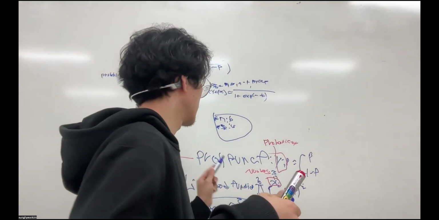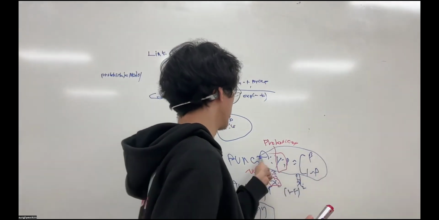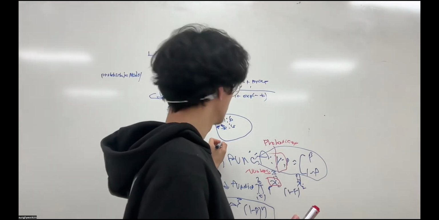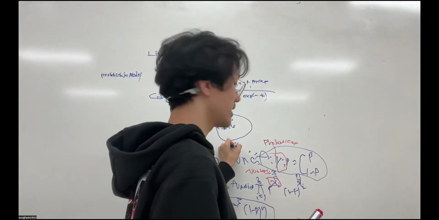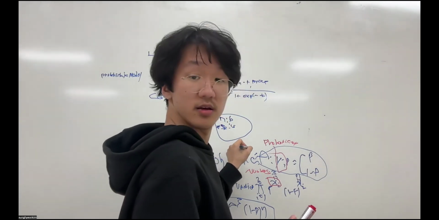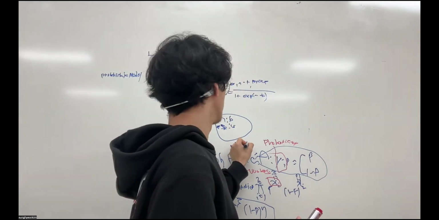I think I got it. This can be represented as p to the y times 1 minus p to the 1 minus y.